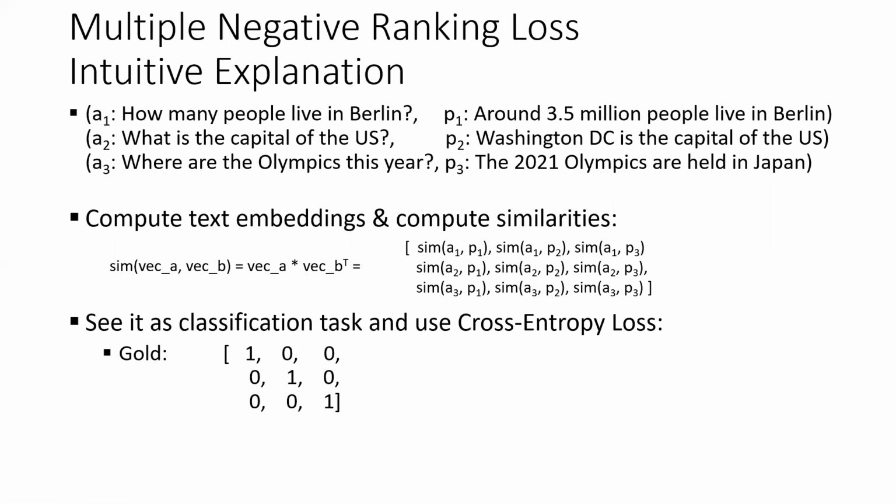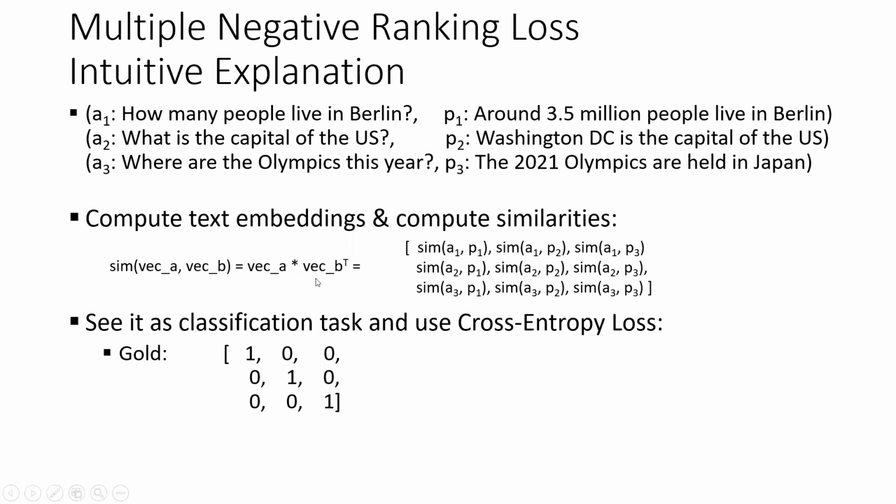So what you do is you compute the similarity between all these embeddings. You take every sentence, you embed them in the vector space using the transformer network. Then you compute the similarity. For example, you can use the dot product where you take the vectors for all the A's and the vectors for all the P's.